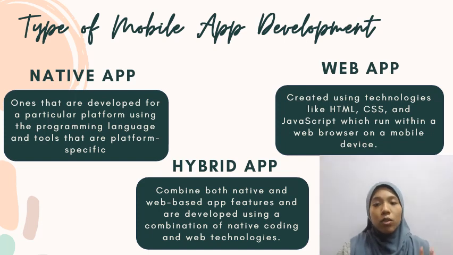A web app is created using technologies like HTML, CSS, and JavaScript, which run within a web browser on a mobile device. What are hybrid apps? A hybrid app combines both native and web-based app features and is developed using a combination of native coding and web technologies.